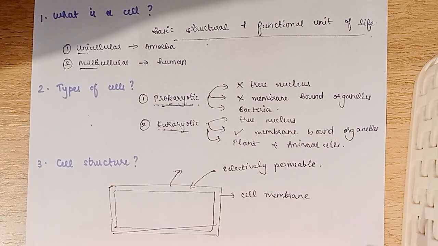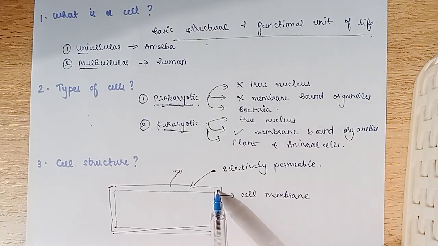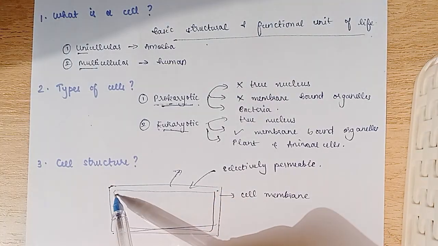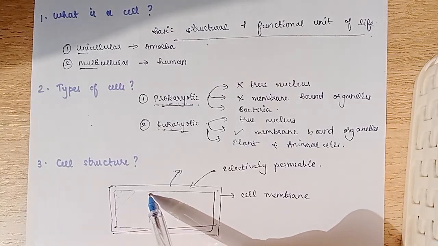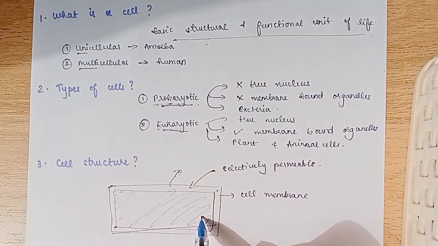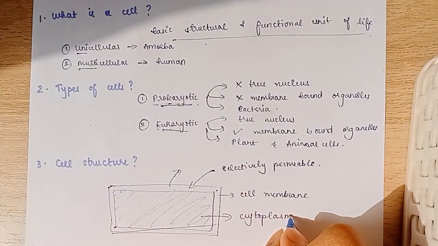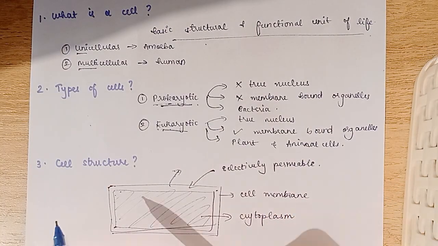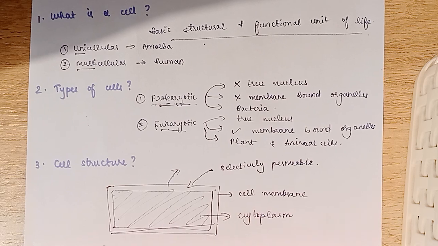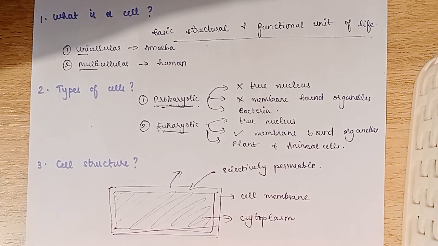The next structure that you'll find inside a cell is the cytoplasm. Inner to the cell membrane, you'll find a liquid-like substance inside the cell. This is called the cytoplasm. It is a jelly-like substance inside the cell and it contains all the organelles. And it is the site of most chemical reactions.